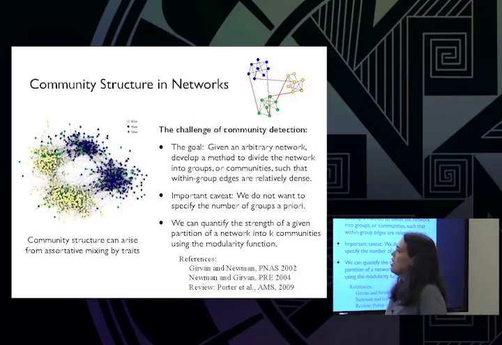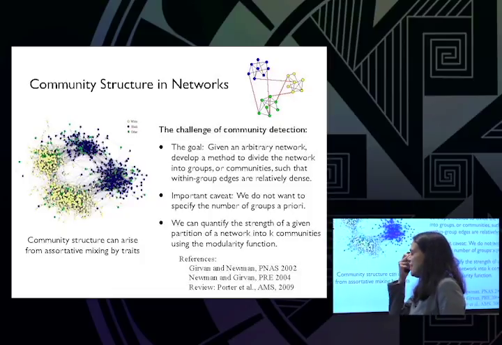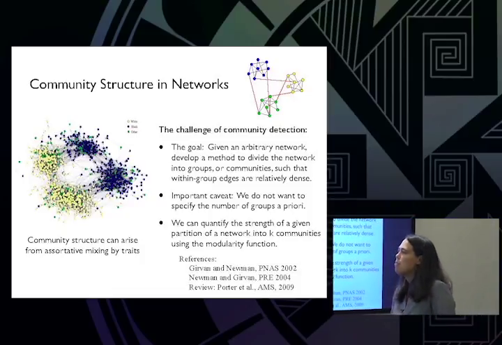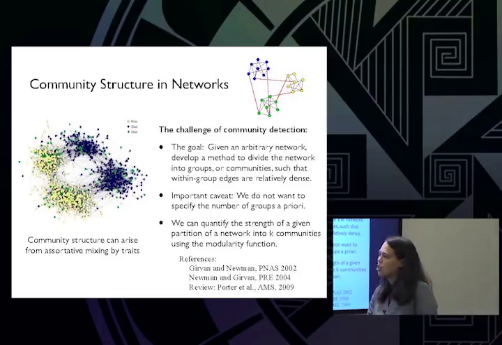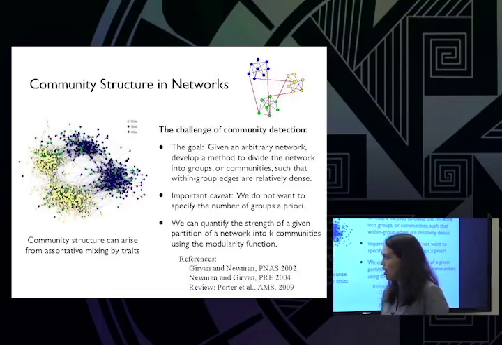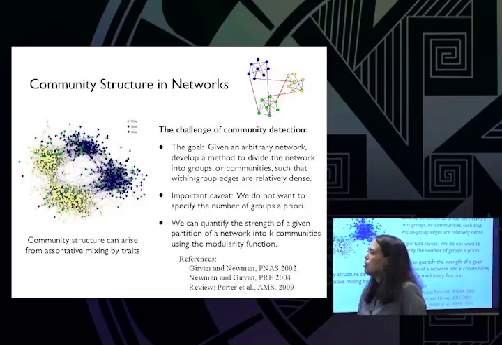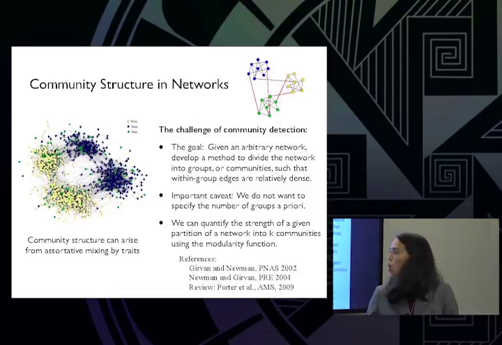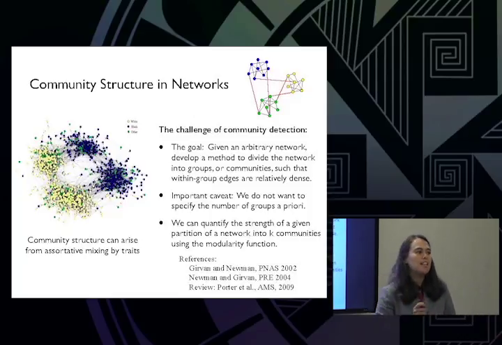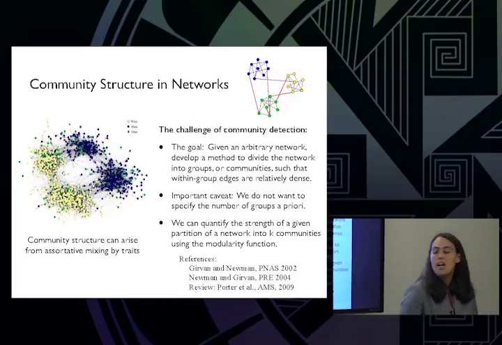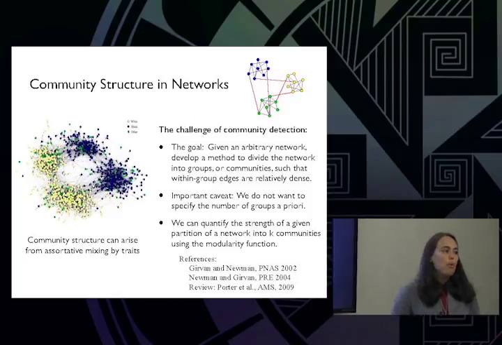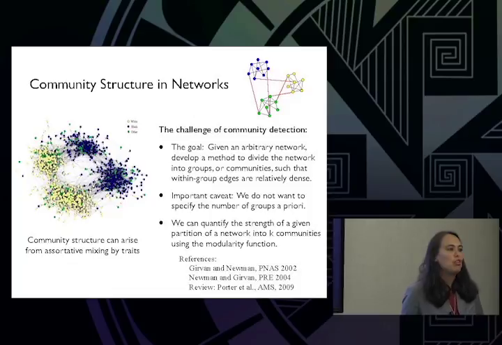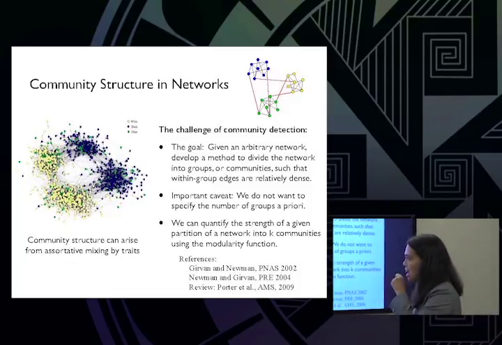And so the challenge of community detection is as follows. Given an arbitrary network, we want to develop a method to divide the network into groups, or communities as we call them, such that the within-group edges are relatively dense. And an important caveat is we don't want to specify the number of groups a priori. So here there are 4 groups, but maybe we didn't know that. We want to just be able to find what's the natural number of groups in the system.